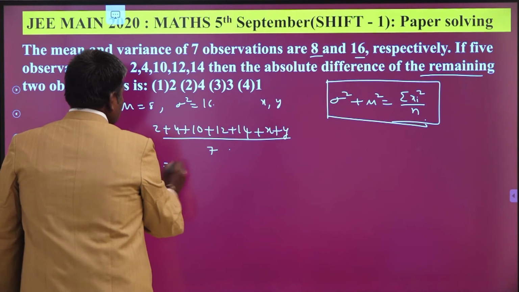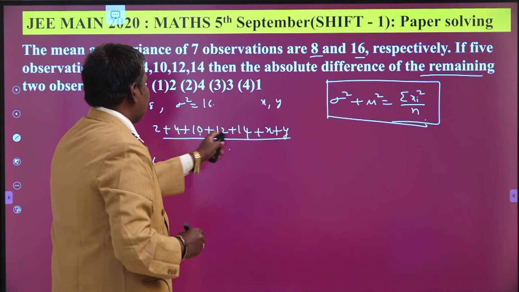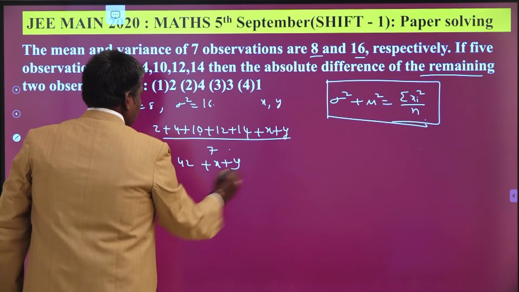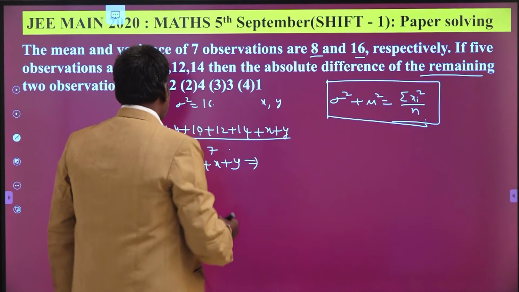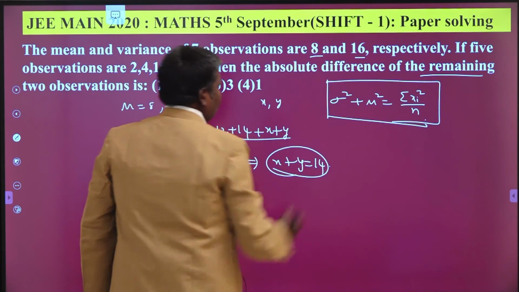Implies 56 is equal to, this is 6 plus 10, 16, 16 plus 14, 30, 42. 42 plus x plus y, implies what is your x plus y? 14. x plus y equal to 14.